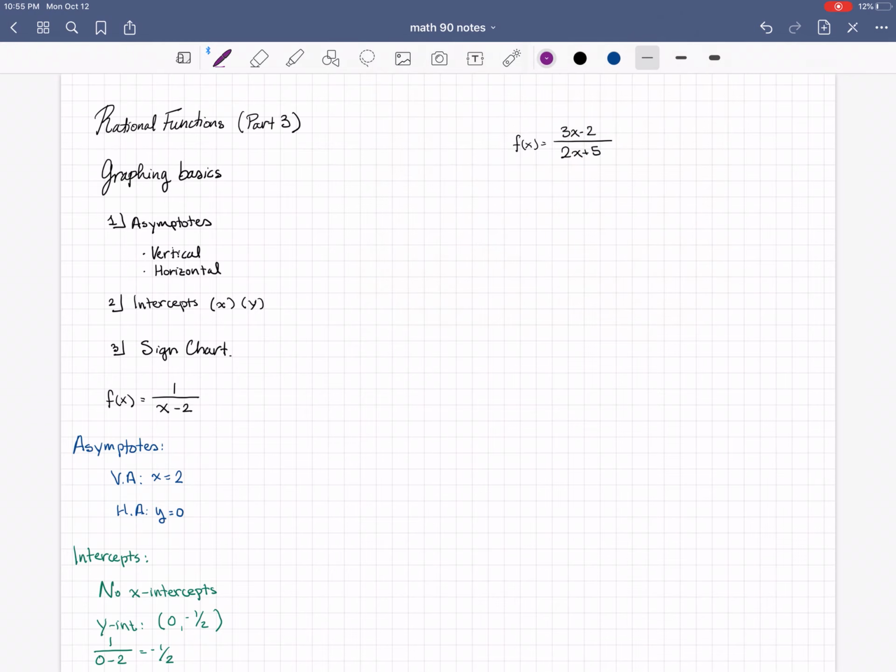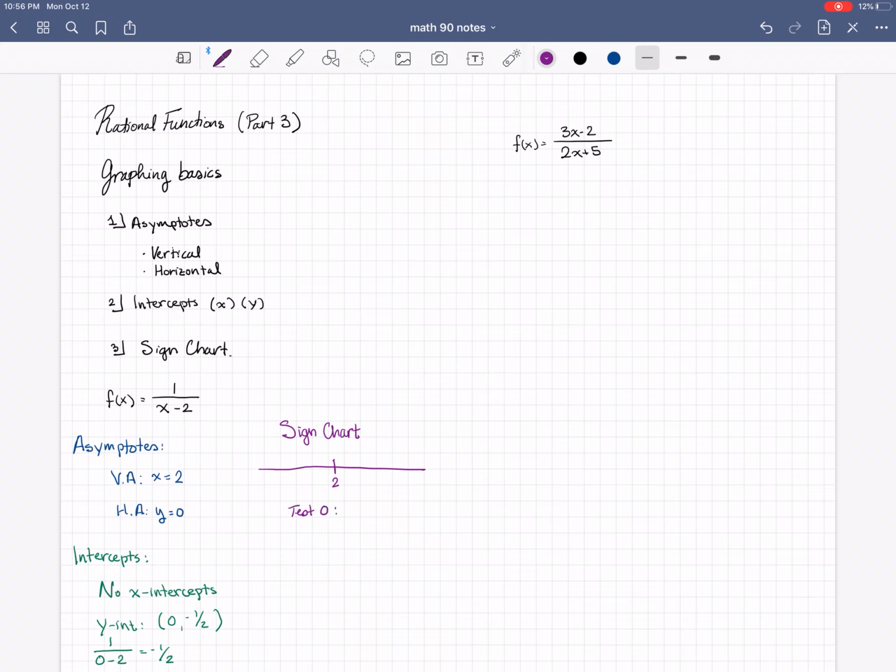Last, before the graph, let's look at the sign chart. So again, I'm very much hoping that you remember how we do sign charts. The only critical number here is going to come from the denominator, and that's 2. And let's test a point. Okay, so we can test 0.